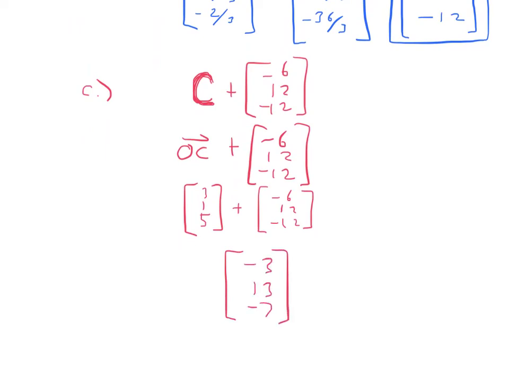Now there's one catch. If you read the question, it wants the point that is 18 units away from C. So we started with the point C, we changed it into a vector, we did a bunch of vector stuff, and our answer was a vector. Our final answer needs to be the point version of this vector, which is the point -3, 13, -7.